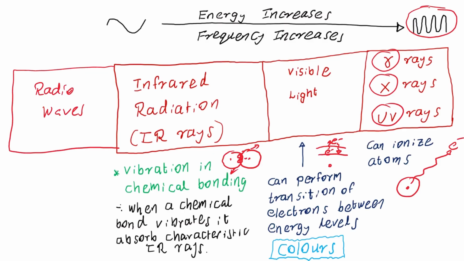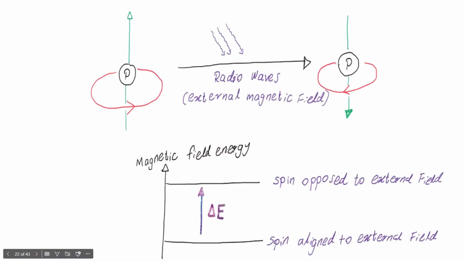What radio waves can do is something like this. If we take a hydrogen atom, we have the proton in the middle, in the nucleus, which is positively charged, and we have electrons. If you look at this proton, it's just like a planet. It's spinning on its own axis.